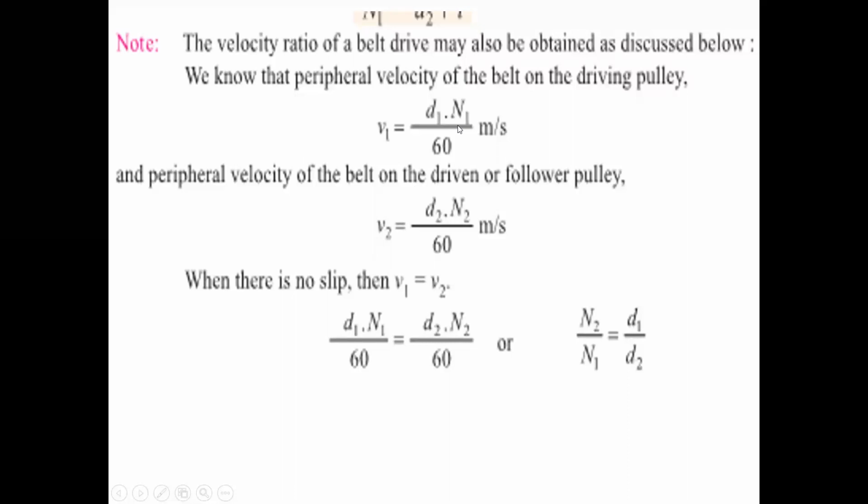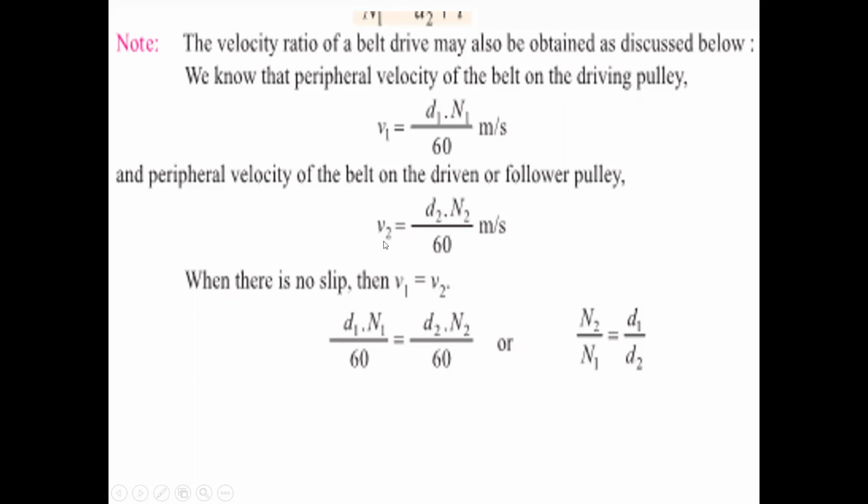That is what we have written in the earlier case, with some small change. The velocity v1 equals pi d1 n1 by 60 meters per second, which is the peripheral velocity of the belt.